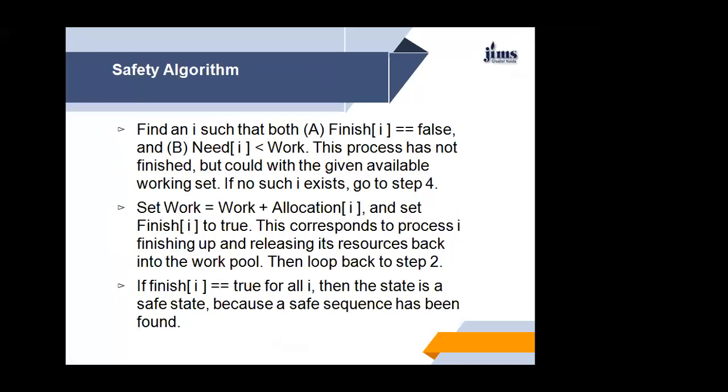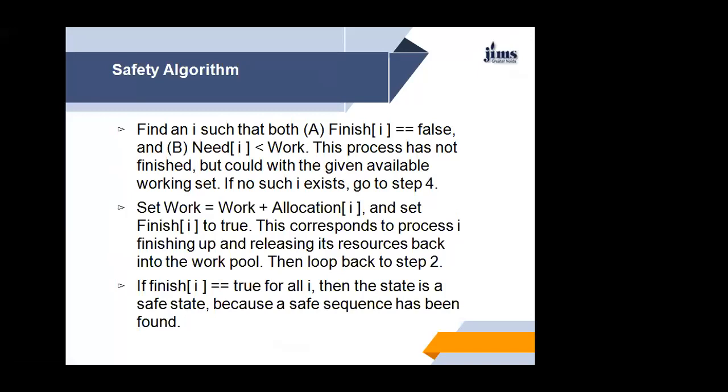Otherwise, set Work equals Work plus Allocation[i] and set Finish[i] equals true. This corresponds to process i finishing up and releasing its resources back into the work pool. Then loop back to step 2. If Finish[i] equals true for all i, then the state is a safe state, because a safe sequence has been found.